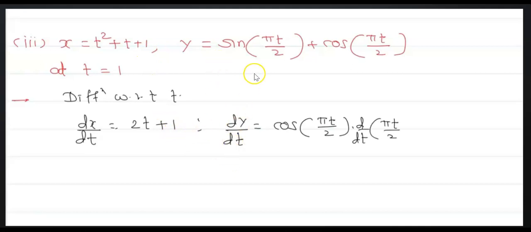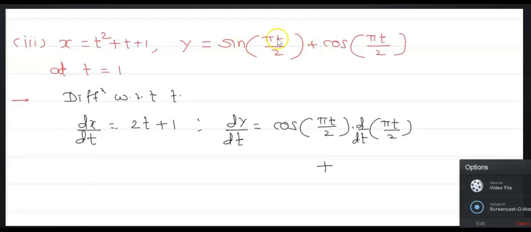And dy by dt is the derivative of sin of pi t upon 2, which is cos of pi t upon 2 into d by dt of pi t upon 2. Now what is the derivative of cos of pi t upon 2? It is minus sin of pi t upon 2 into d by dt of pi t upon 2, which is pi by 2, because the derivative of t is 1.